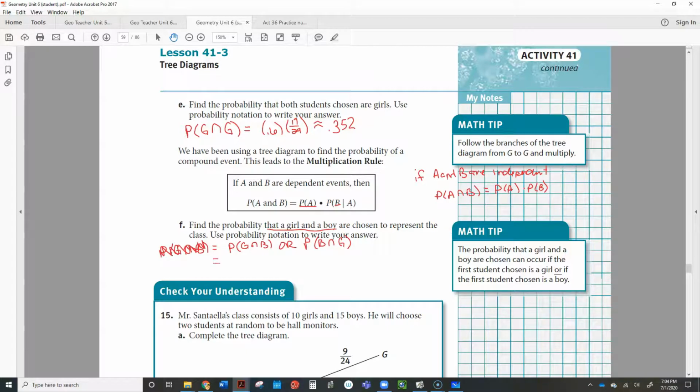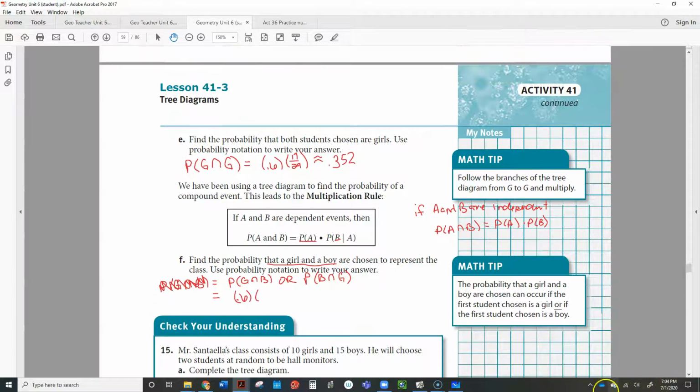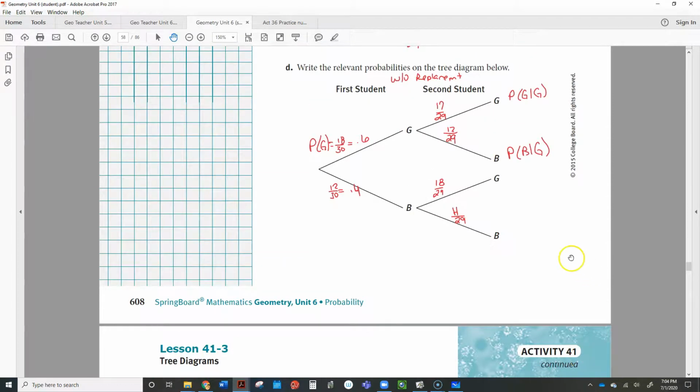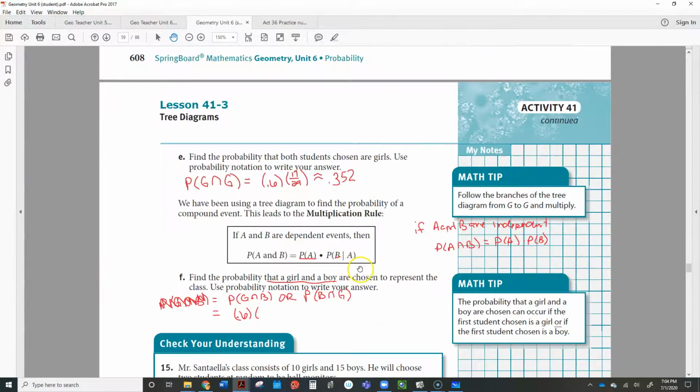So this is going to be, and I'm using the chart, 0.6. Oh, I think I wrote it backwards. Hold on. Probability of a girl. Yeah, probability of a girl is 0.6, and then a boy is 12 over 29.